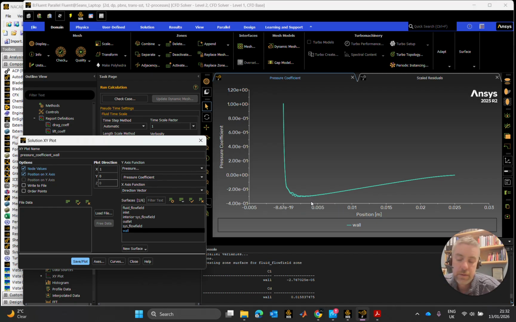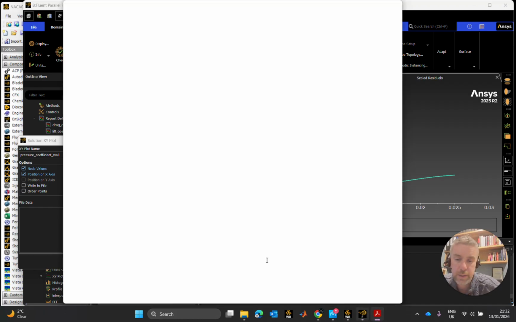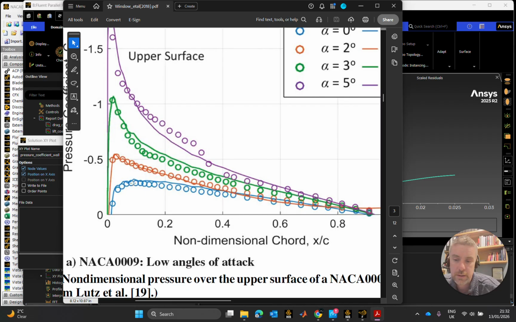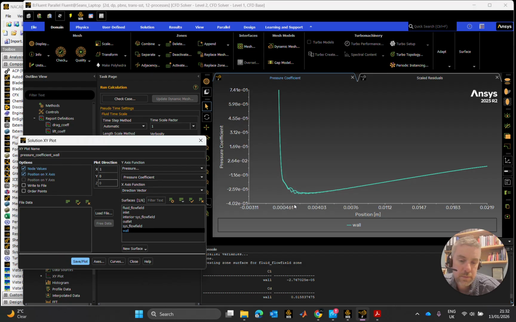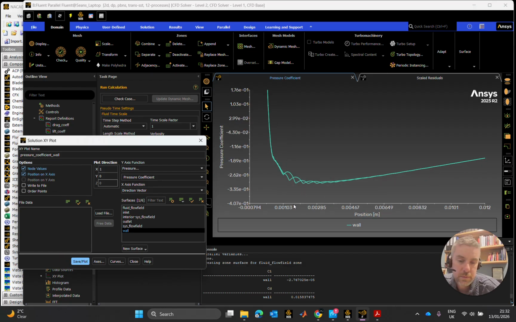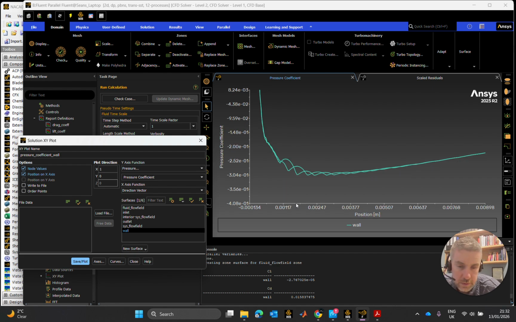Now, I know this should be at 2.5 millimeters, because in Winslow's paper that was shown at 0.1, or 10% of the chord length. 10% of my chord length is 2.5. I don't think I'm way off, because 0 is running here. I can just get onto that scale there.